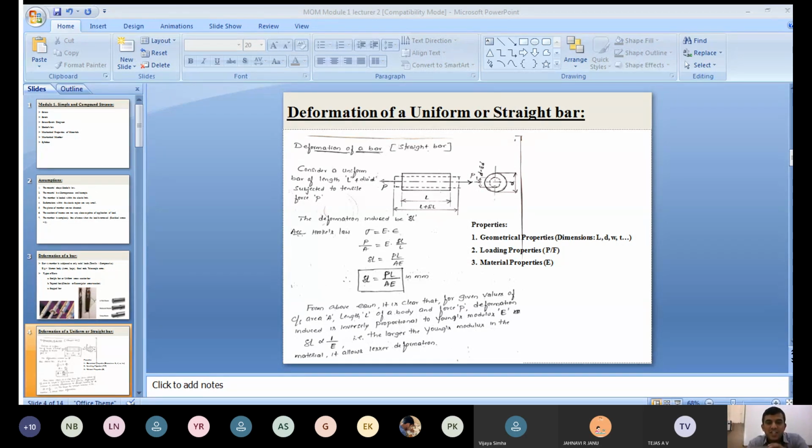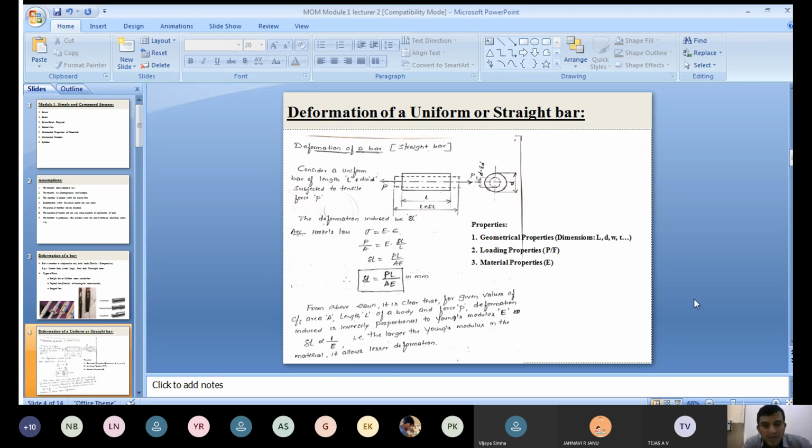At the same time, if the chair is made of metal, mild steel, one person can sit, 2, 3, 4, 5 persons can sit, and the chair will not deform or fail, because the Young's modulus of steel is greater than the Young's modulus of plastic. That is the importance of deformation and of the material property.